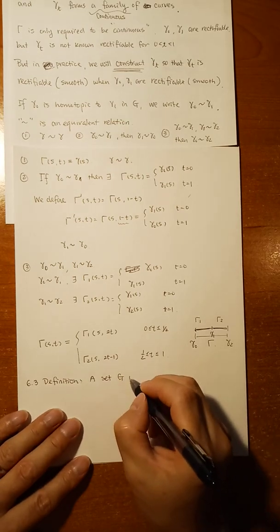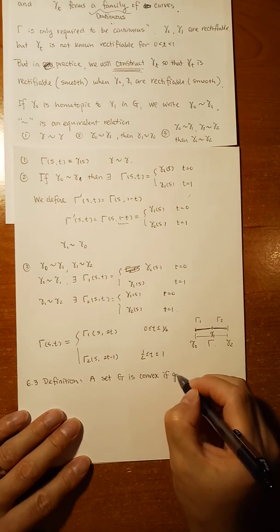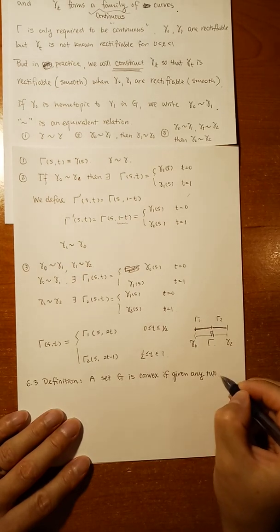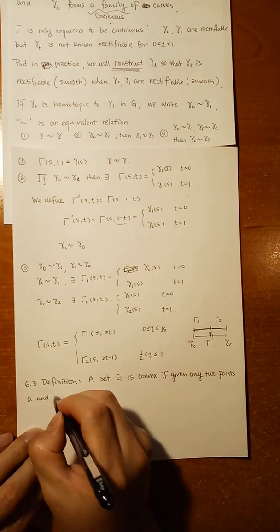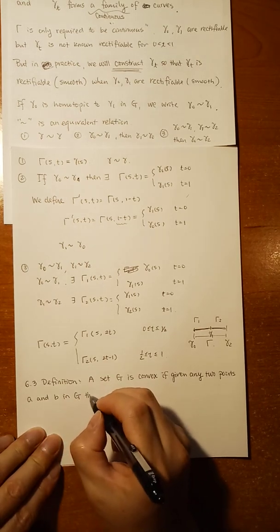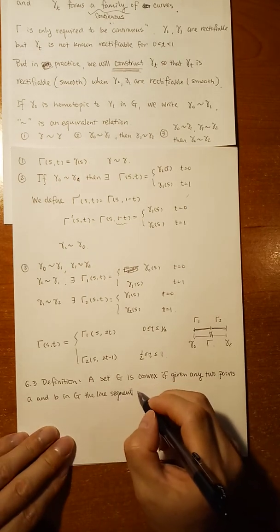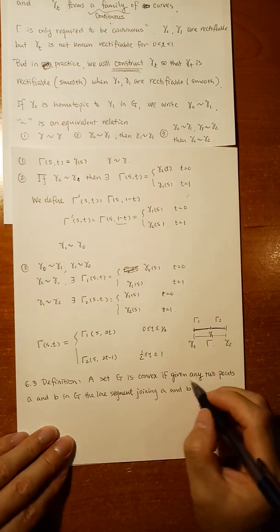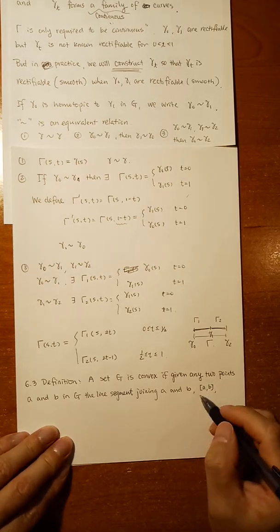A set G is convex if given any 2 points A and B in G, the line segment joining A and B, they write this way, from A to B. Well, this is 2 complex points.